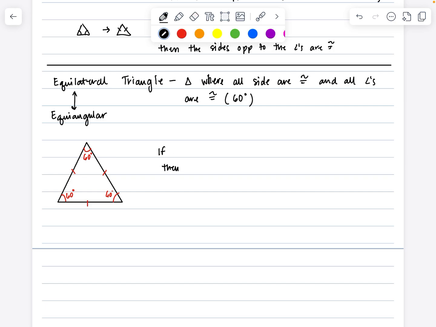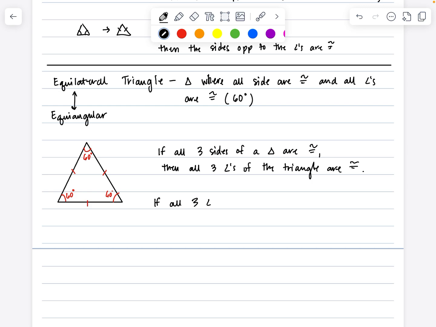Let's start this over. If all three sides of a triangle are congruent, then all three angles of the triangle are congruent. And the converse is also true.